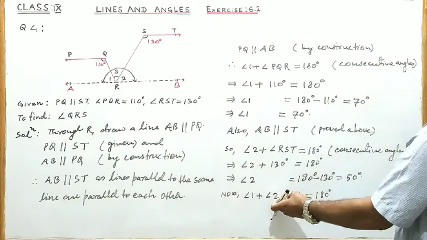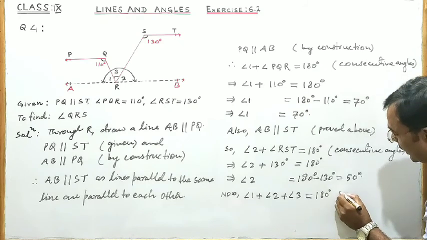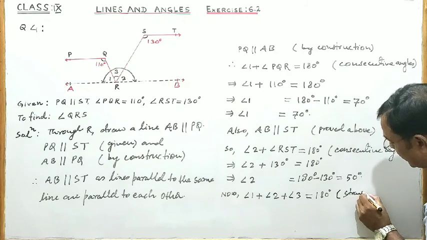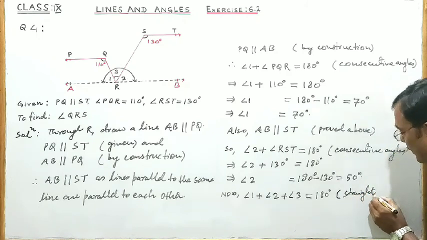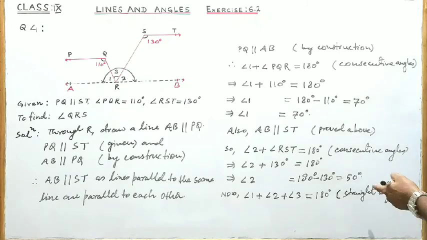So angle 1 plus angle 2 plus angle 3 will be equal to 180 degrees. Reason you can write, they are making a straight angle.